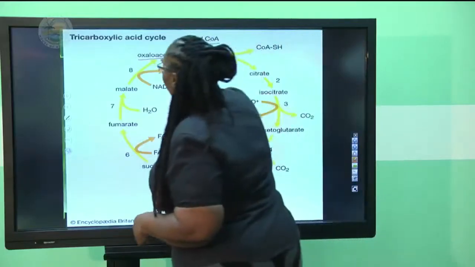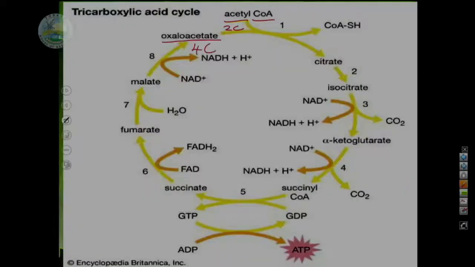Right? So this is a 4-carbon molecule. And when this is added to this acetyl coenzyme A, so acetyl is the 2-carbon molecule, and coenzyme A is helping it to make the link. So this molecule comes around, and this one comes in, and so they now link.